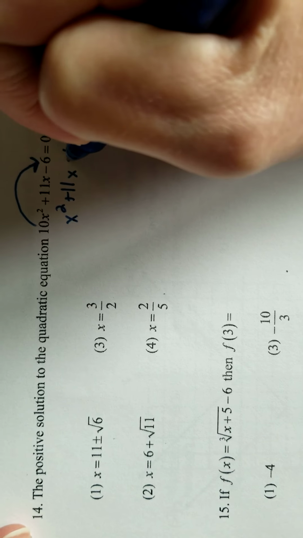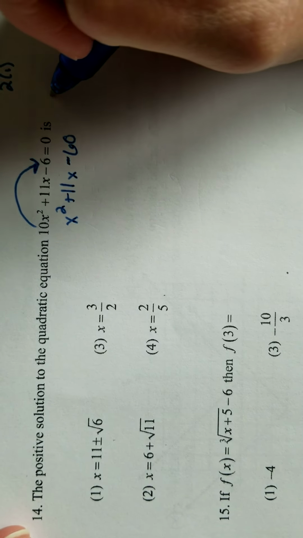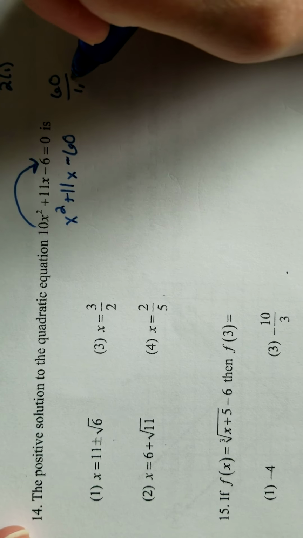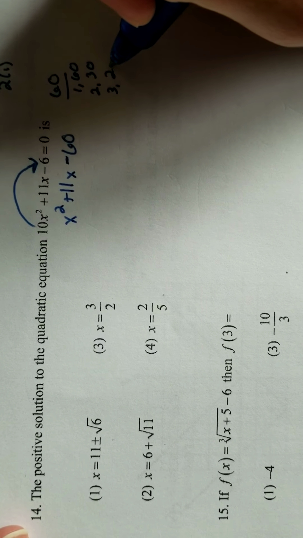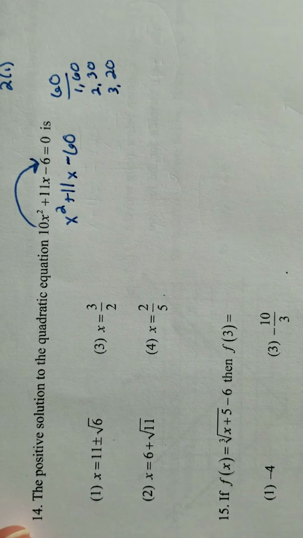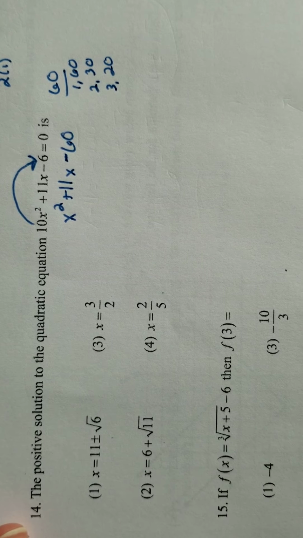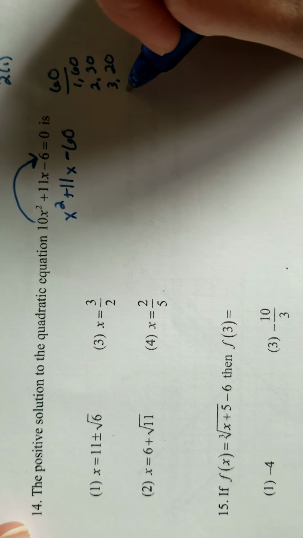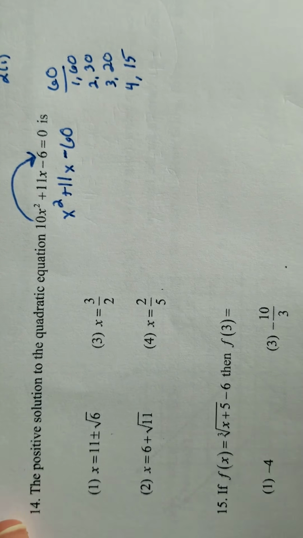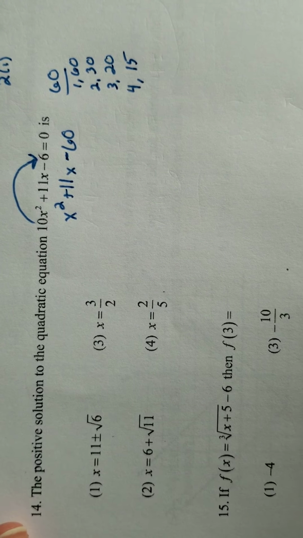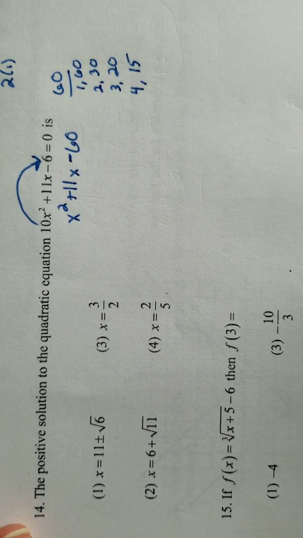Are there factors of 60 that subtract to get me 11? So I got 1 and 60, I got 2 and 30, I've got 3 and 20. 60 divided by 4 doesn't work. Oh, I stand corrected. 4 and 15. 4 and 15 subtract to give me 11.